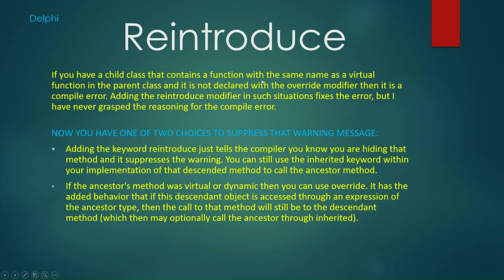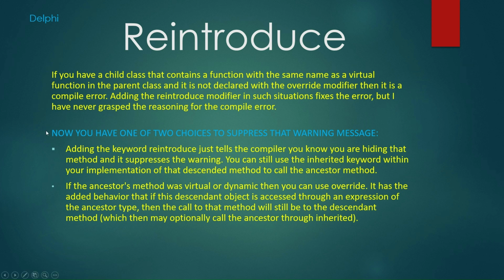If you have a child class that contains a function with the same name as a virtual function in the parent class, and it is not declared with the override modifier, then the compiler reports a warning. Adding the reintroduce modifier in such a situation fixes it.